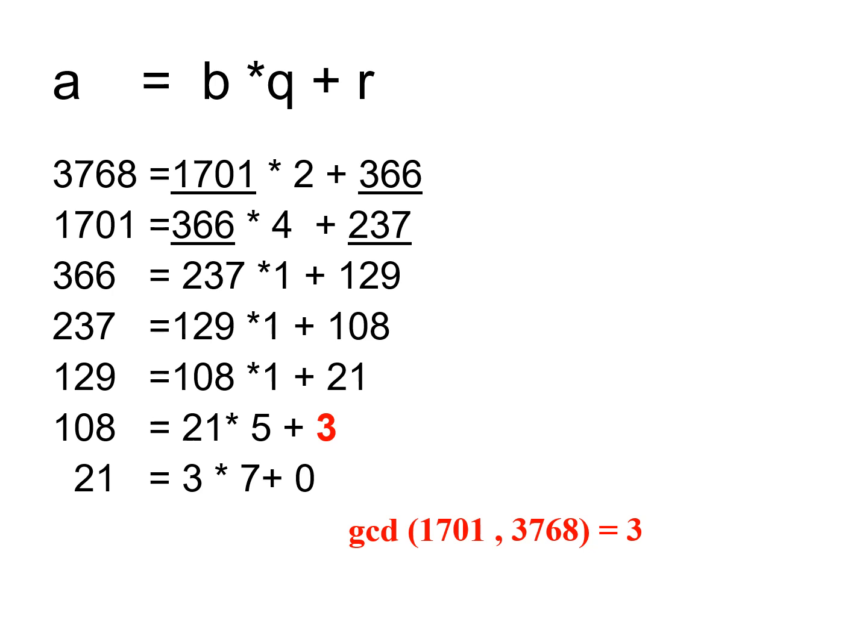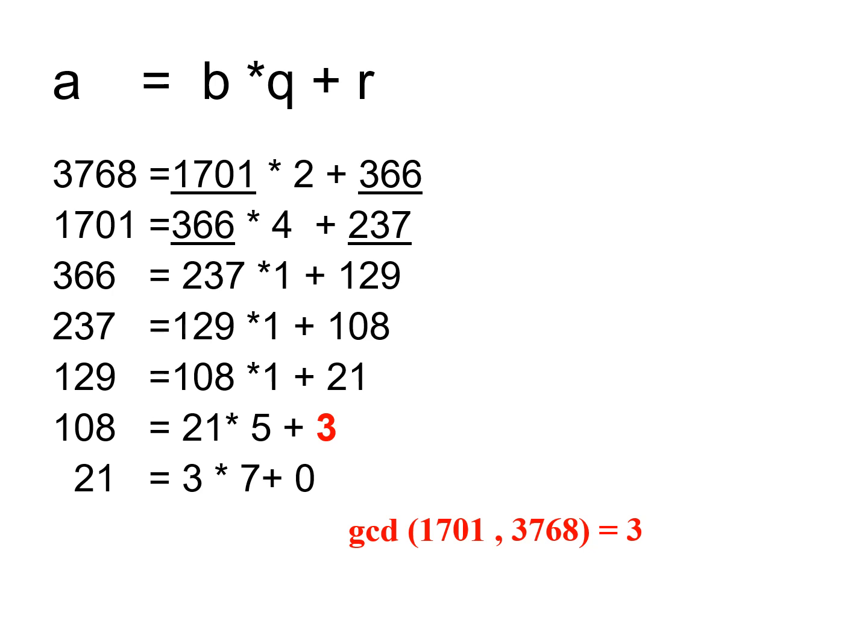The next step is this: 1701, that is b, should be moved to the left hand side of the equation and the remainder should be moved to the position of b. So in the first line you can see that 366 is the remainder that should be moved to the position of b.